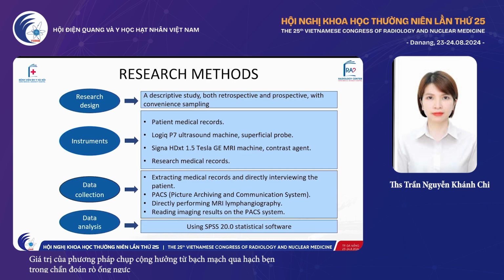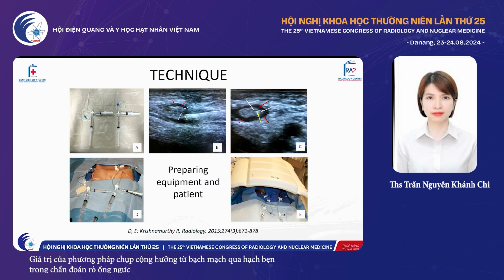The most important equipment of this technique is an MRI machine with a movable table that can be moved into the scanning room. This image shows preparation of equipment and patient for this technique. We insert the needle into the bilateral groin lymph node.